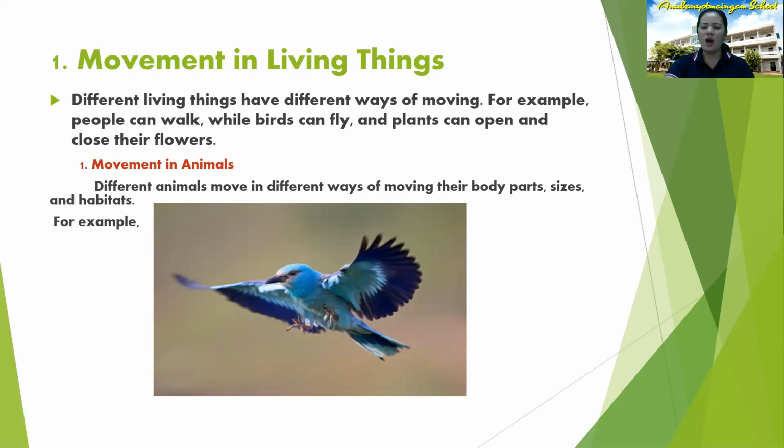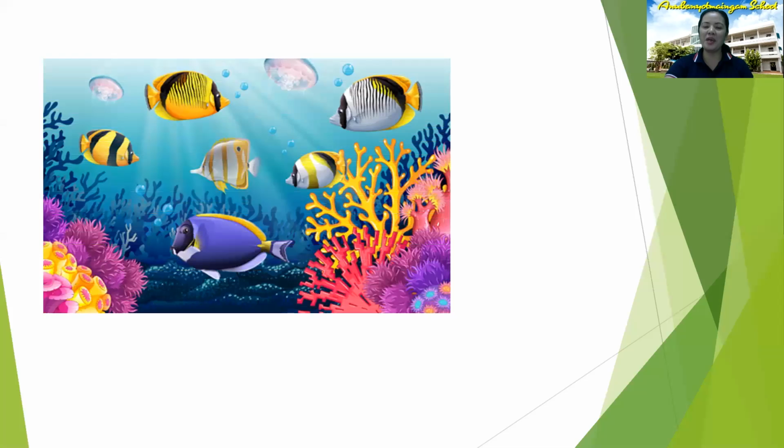Okay, so what do the birds use in order for them to fly? That's correct. Birds use their wings to fly. Without their wings, it's impossible for them to fly high. Next picture we have here fish.